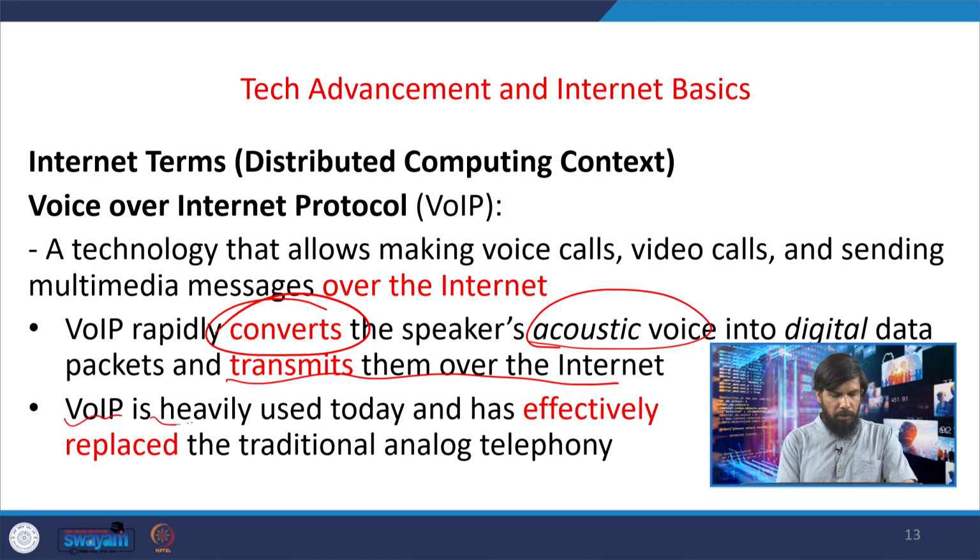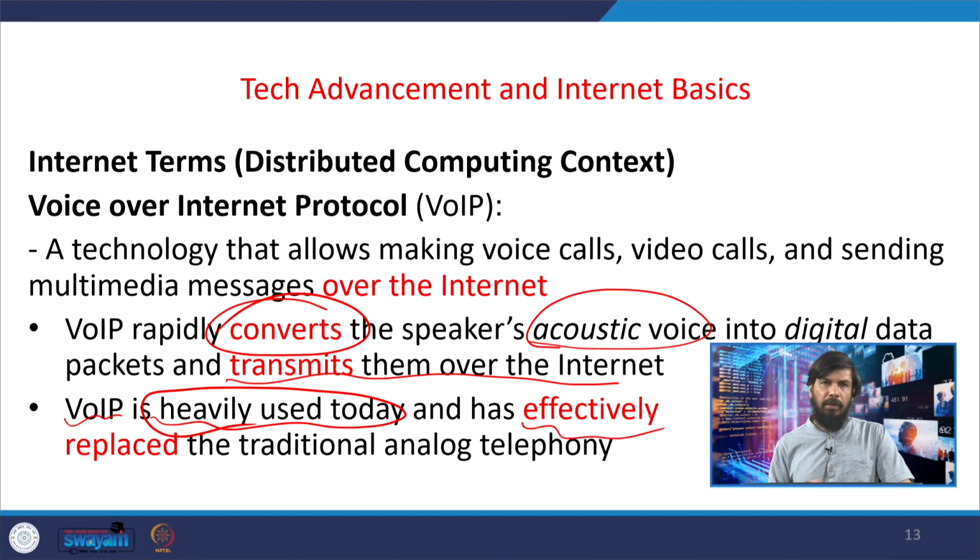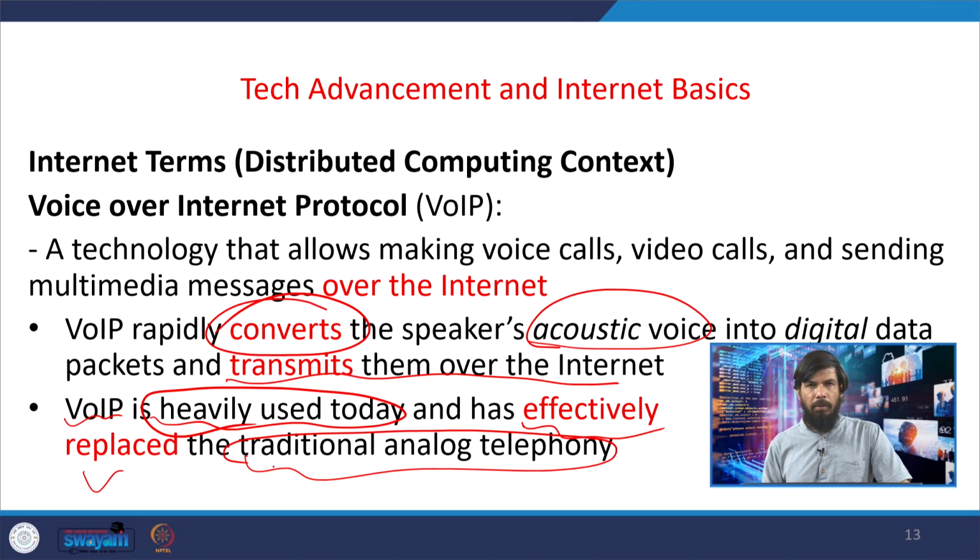Now, VoIP, as we already know, is heavily used today, and it is in a way effectively replacing traditional analog telephony. You would already notice that many people prefer to make a WhatsApp call, because from your past messages you can confirm whether you are calling the same person. There might be a photograph also.